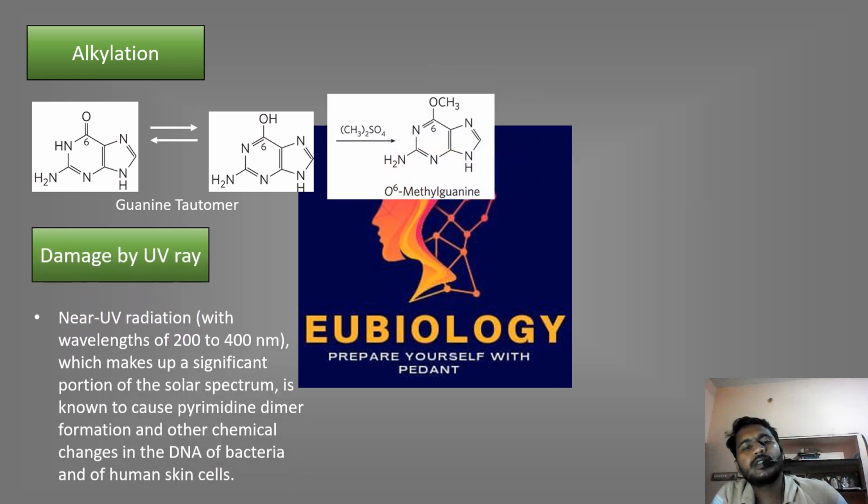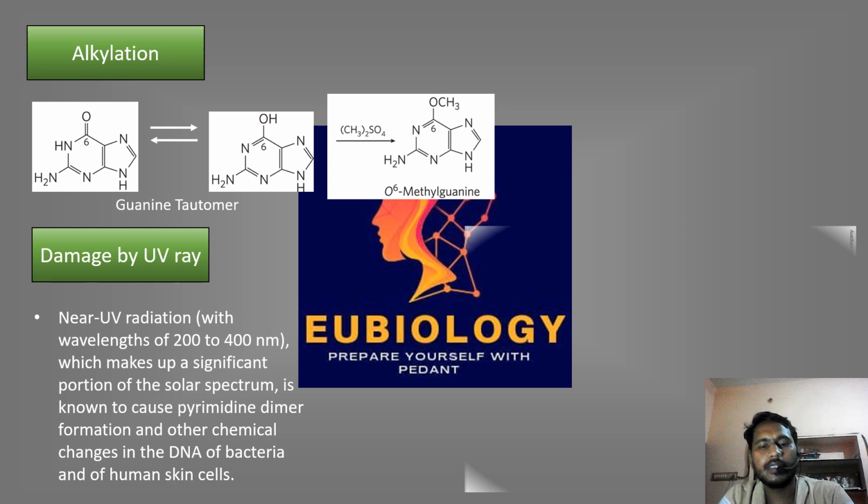Damage because of UV rays. UV rays are not the only damaging agents; X-rays and gamma rays are also damaging. But we'll see UV rays first. UV rays between 200 to 400 nanometers will form a pyrimidine dimer, as in the case of thymine.